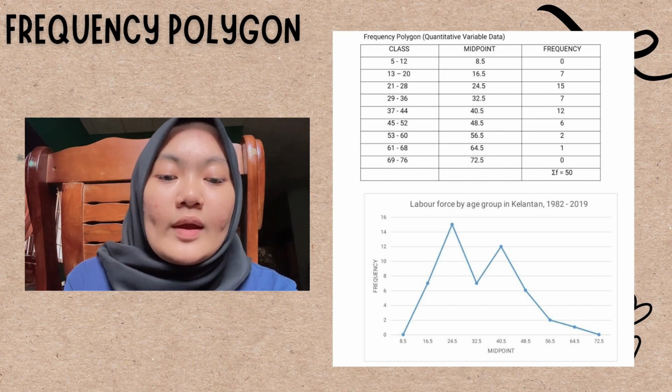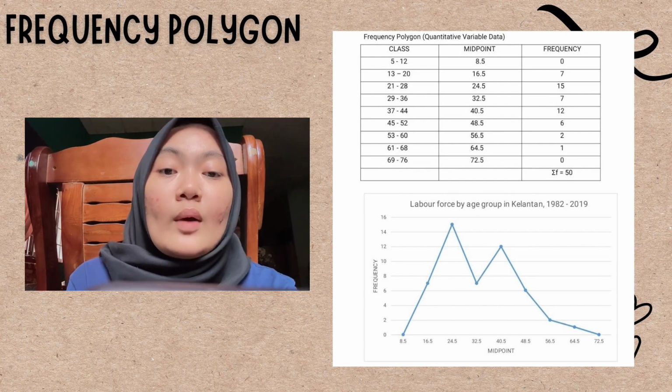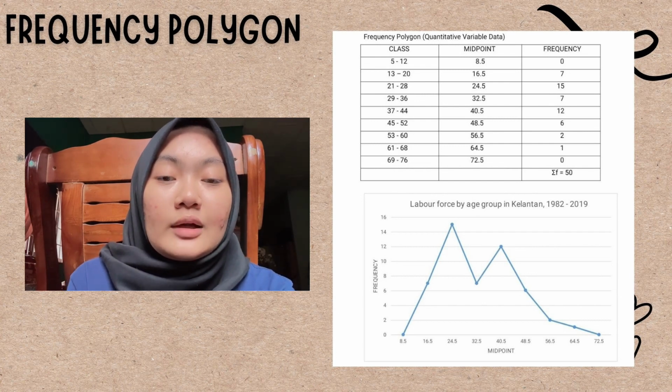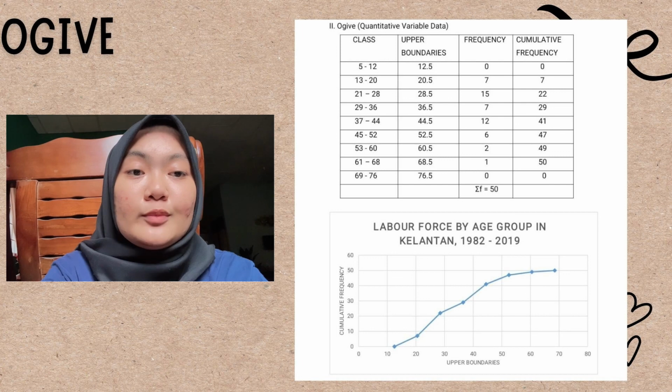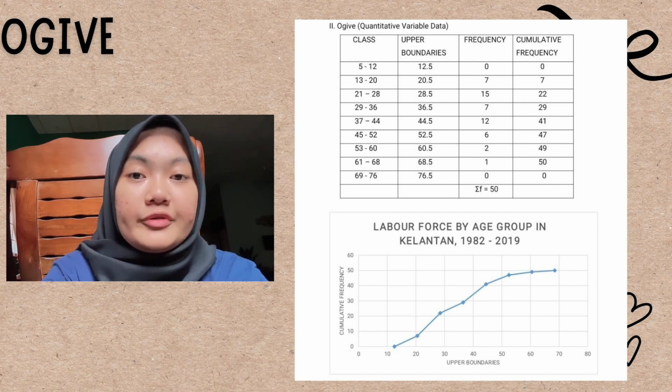The highest frequency belongs to class 21 to 28 while the lowest frequency belongs to class 61 to 68. Ogive table, which is a cumulative frequency graph, or ogive, is a line graph that displays the cumulative frequency of each class at its upper class boundaries.